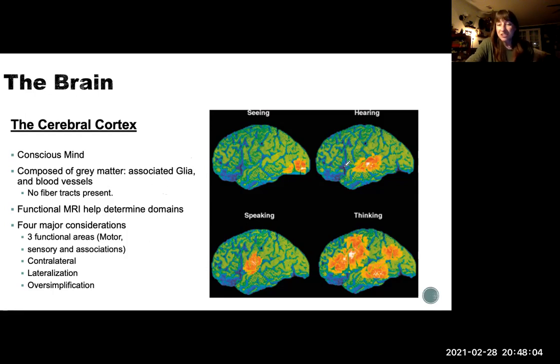We have a general understanding of what goes on in the cerebral cortex from functional MRIs. So basically you stick someone into an MRI machine and then you show them pictures or play them sounds and see what areas of the brain light up. So we talked about different types of imaging techniques back in 50A.